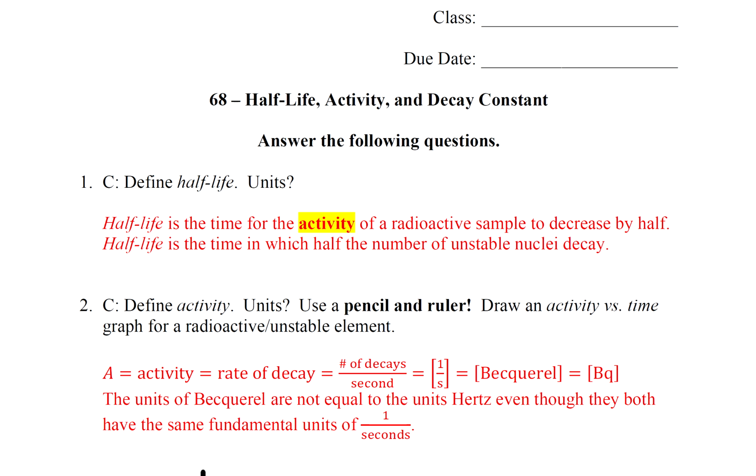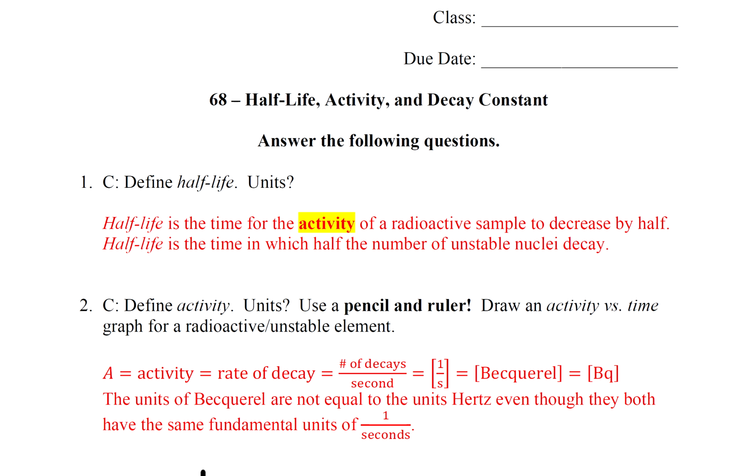Part E, how long will it take for the activity of the sample to drop to 1% of its initial value? So A final is 0.01, right? So that's where we have 0.01. That's 1%. Okay. And then we just solve for t. Part F, how many radioactive atoms will remain after 10 minutes?